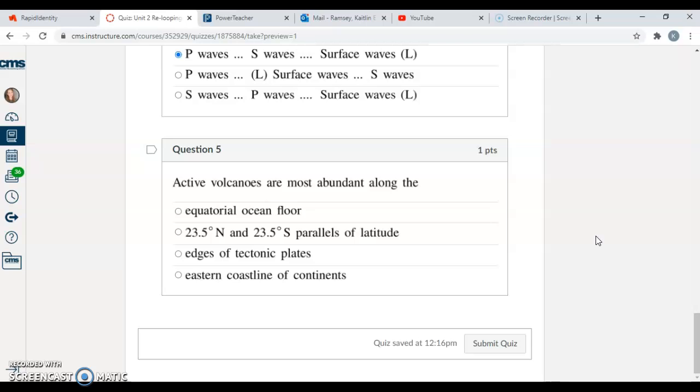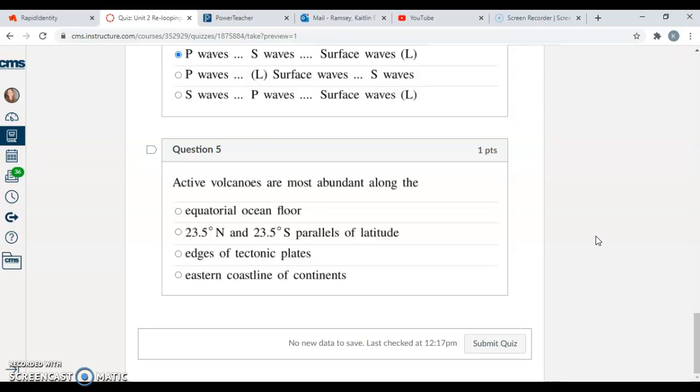All right, and then last but not least, this question for today says active volcanoes are most abundant along the... Now, think about where do we see volcanoes? Okay, we see volcanoes and volcanic island arcs where we have subduction zones. So subduction zones will happen where we've got convergent boundaries, so either with an oceanic crust converging with a continental crust, or with an oceanic crust converging with another oceanic crust.